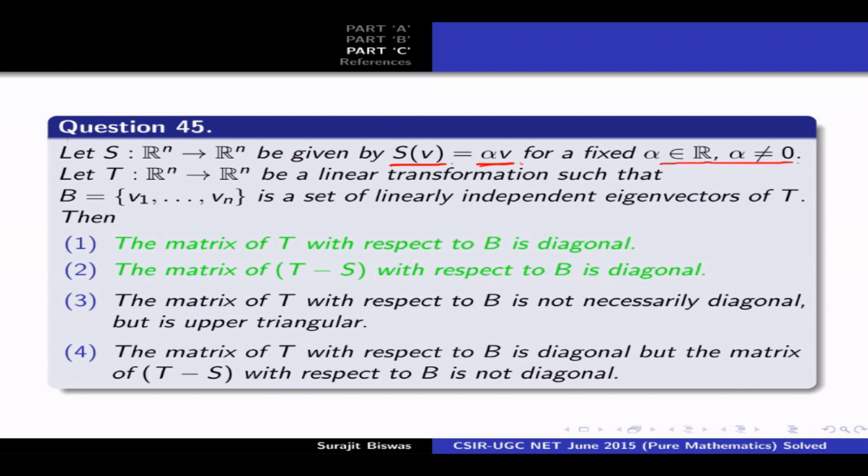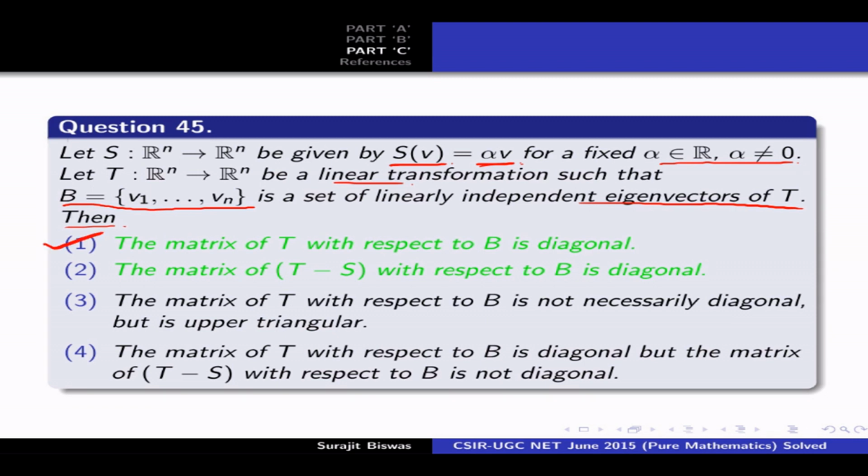Let T: R^n to R^n be a linear transformation such that B equal to {v1, v2, ..., vn} is a set of linearly independent eigenvectors of T. Then the matrix of T with respect to B is diagonal.